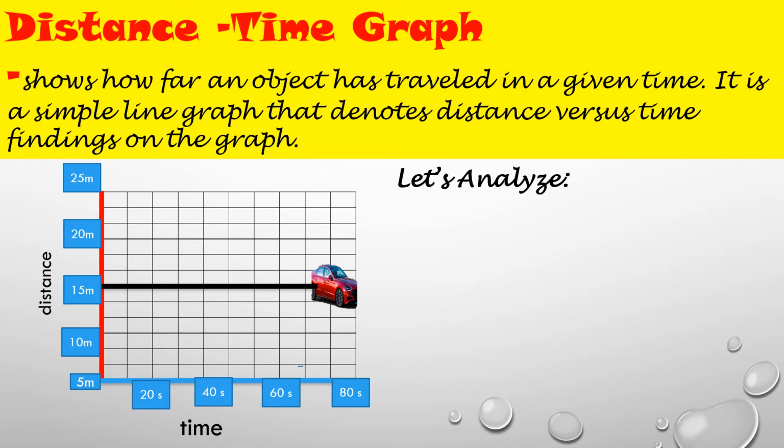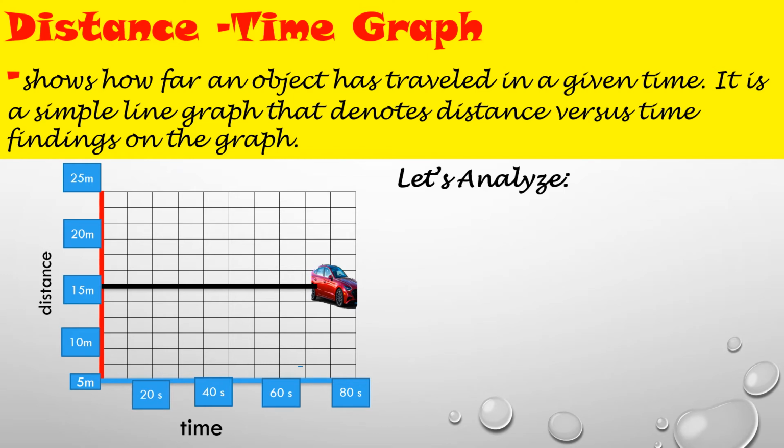When we say distance time graph, the distance time graph shows how far an object has traveled in the given time. In distance time graph, we are going to see the relationship of the distance towards the time. Paano ba natin malalaman kung gaano na ba kalayo? Kung ano na yung motion ng object? Kung siya ba ay mabilis?